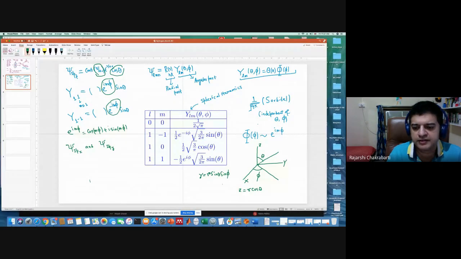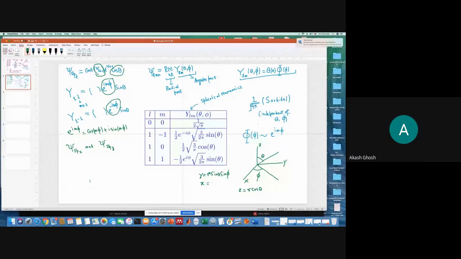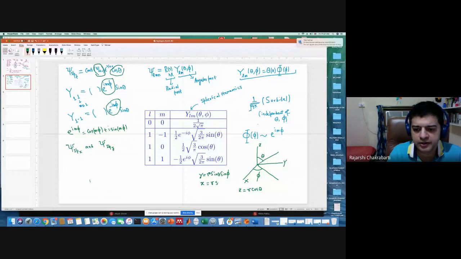Sin theta, sin phi. Sorry, what is X? R sin theta cos phi. X is this. It has to be R sin theta cos phi. Now you can tell me what is the expression for psi 2px.